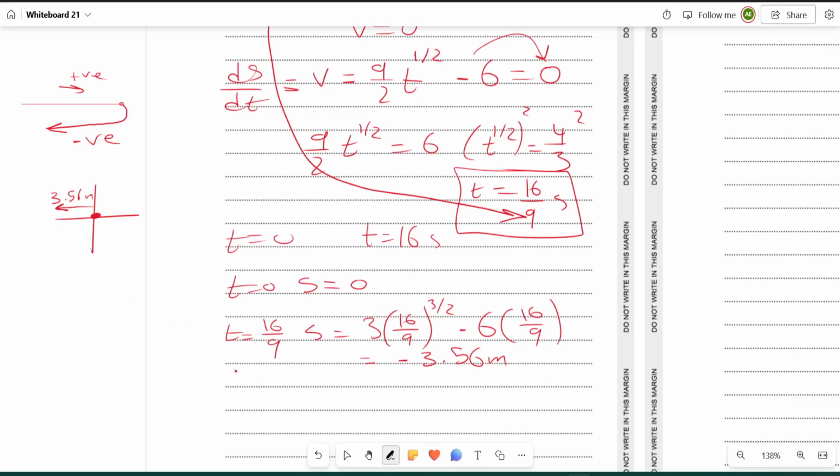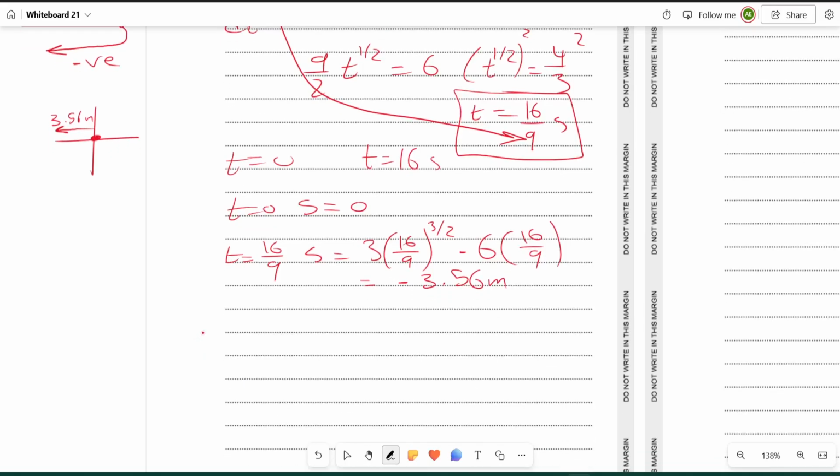Now I want to get the displacement from 16 over 9, because after this time I'm definitely sure that I switched direction, because after 16 over 9 seconds my velocity was 0. So after that, I switched direction, so the displacement I'm going to get is fully in one direction. It's not going to subtract.